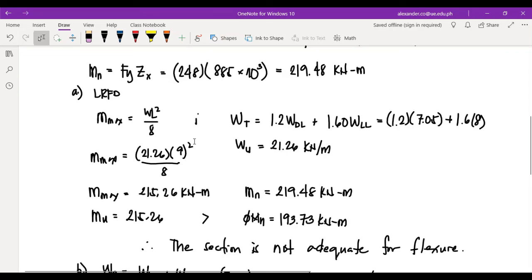Then, check mo sa LRFD. Okay, nga pala, most common mistake for my 14 years in teaching: yung WL squared over 8. Ginagawa nila automatic WL squared over 8. Kailan mo ginagamit yung WL squared over 8?